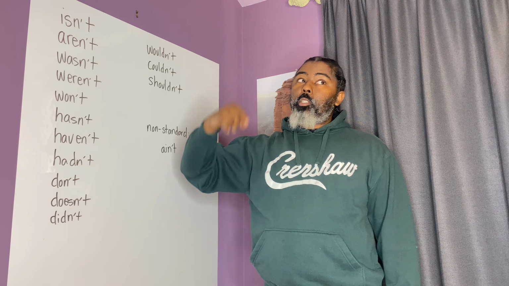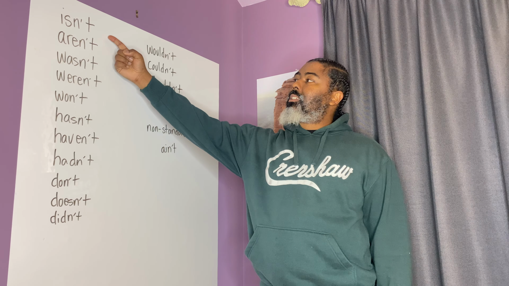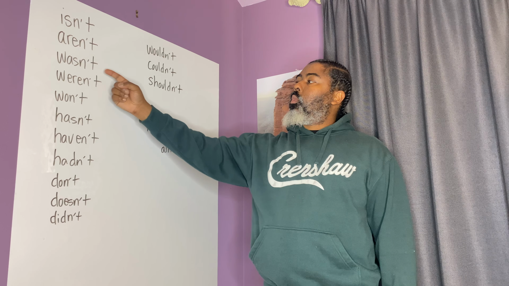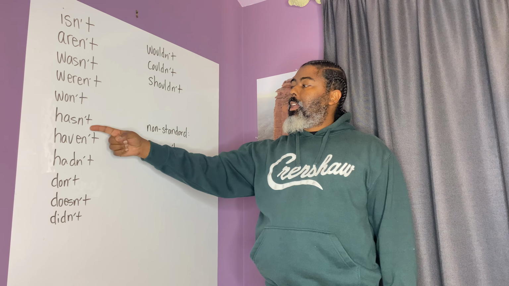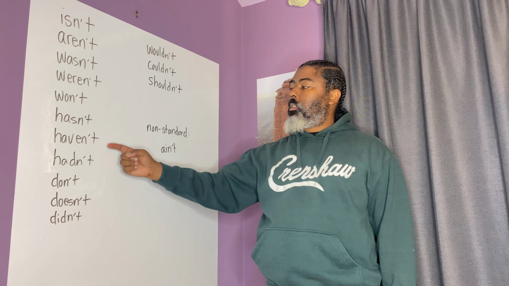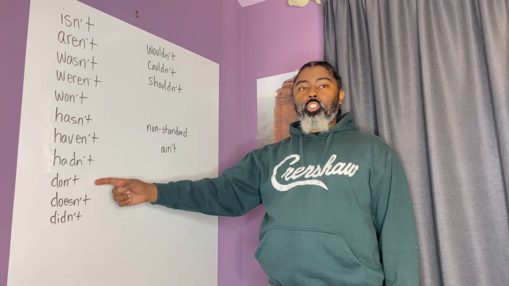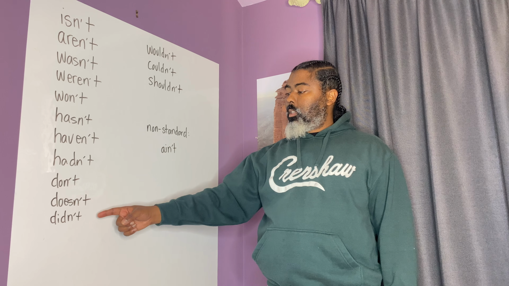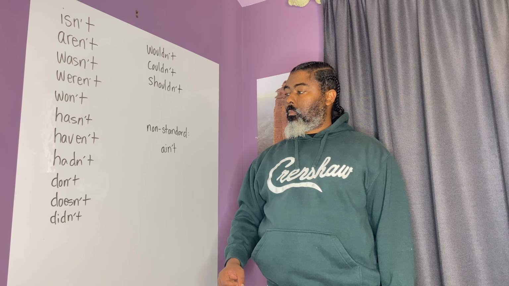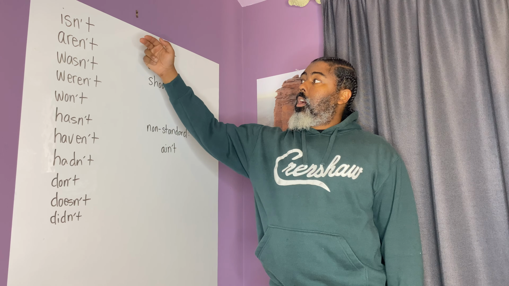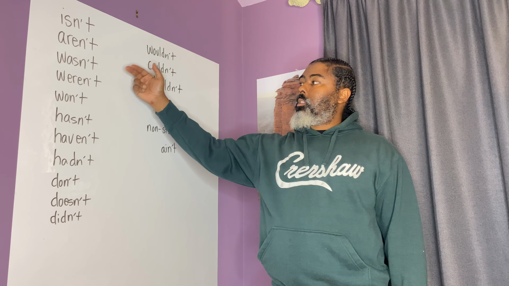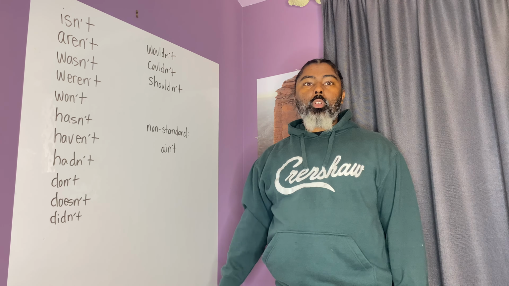And so again, let's practice. Isn't, aren't, wasn't, weren't, won't, hasn't, haven't, hadn't, don't, doesn't, didn't. Notice I am not saying is not, are not, was not, and so forth and so on.